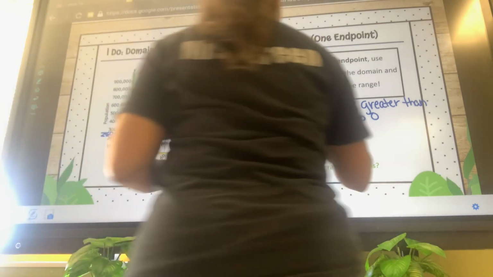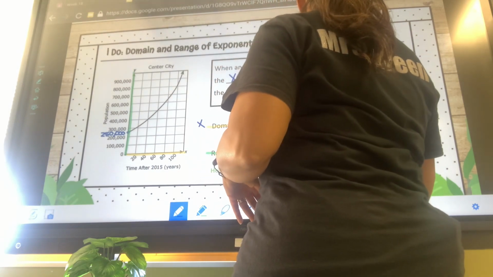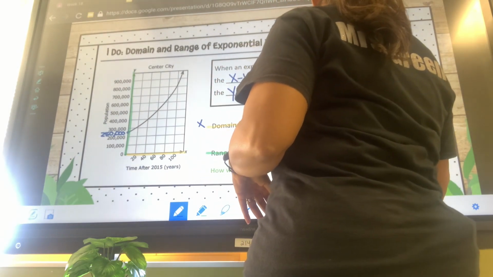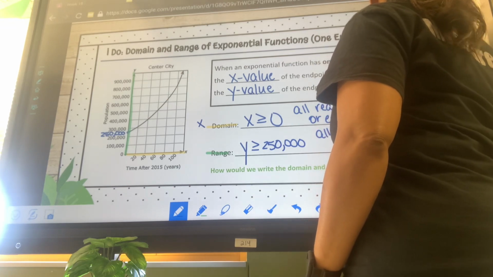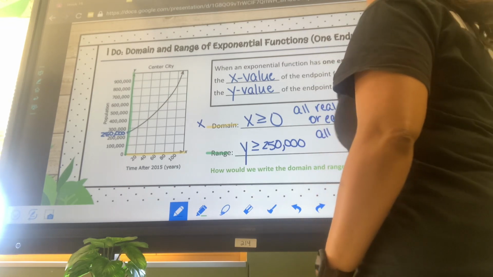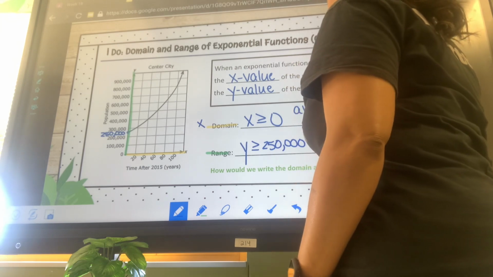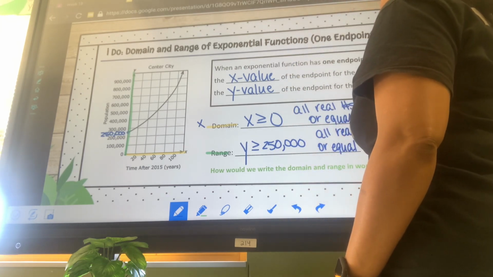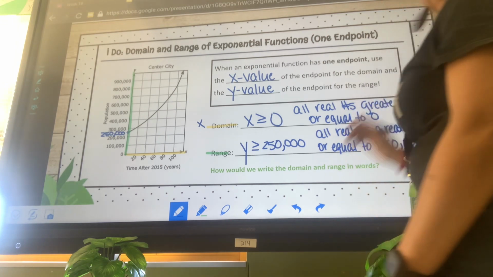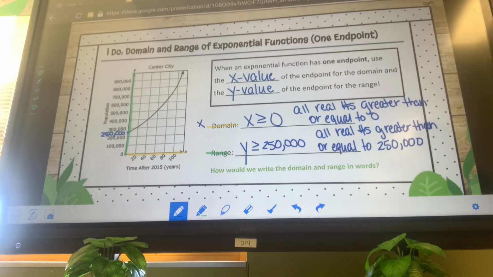And we will write that as all real numbers greater than or equal to 250,000 for our range.